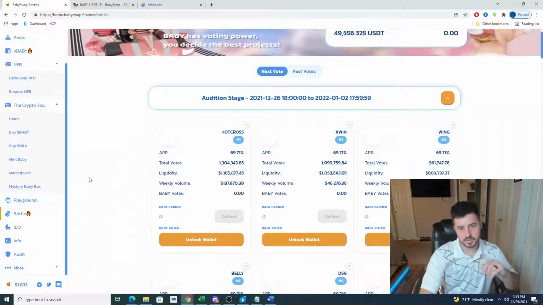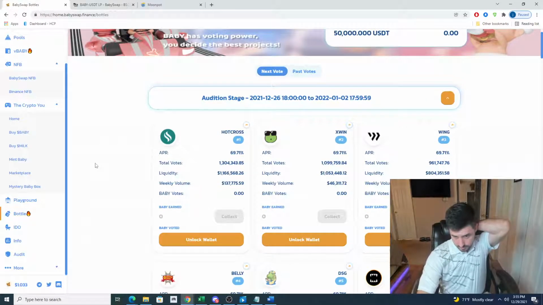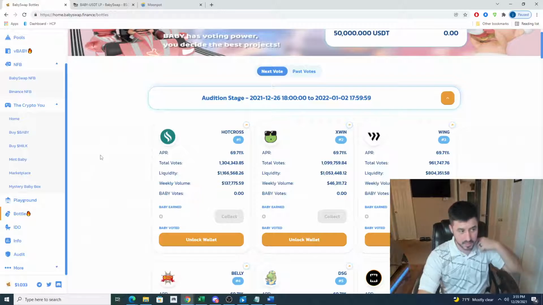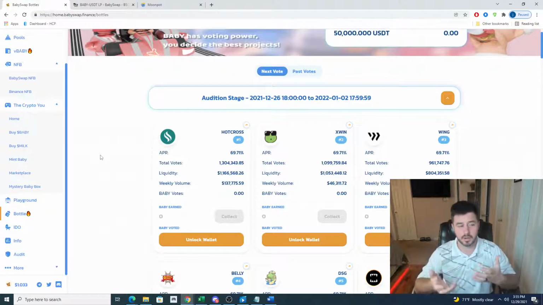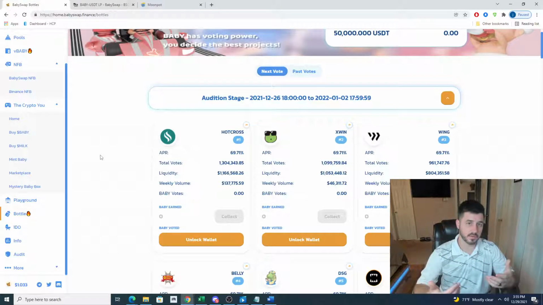Bottle. It's an interesting idea here. And Bottle is kind of like BabySwap's way of voting on different projects. If you see other projects in the farms and the pools, BabySwap took the idea of taking new projects and trying to take them to the next level.